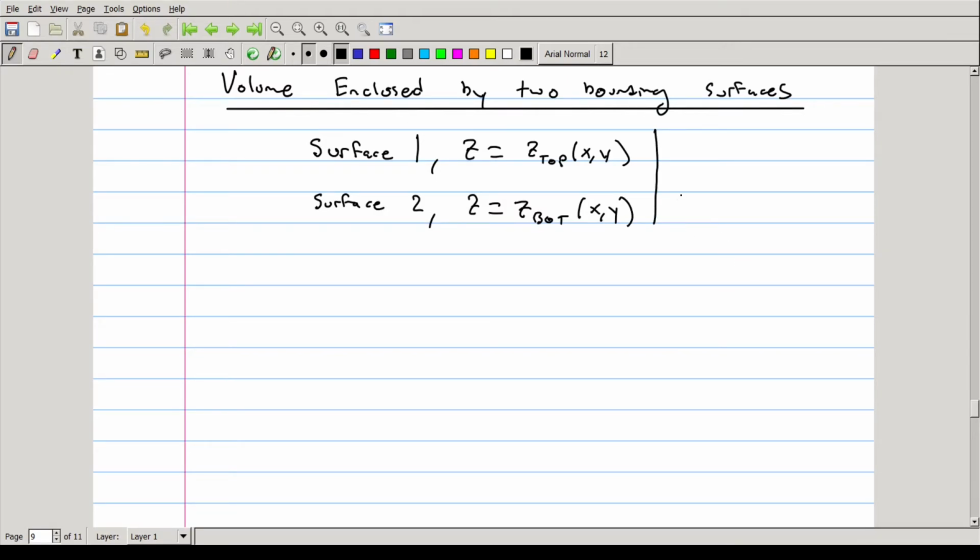And we're assuming here that z top is always greater than or equal to z bottom, for all points x and y in some region R.